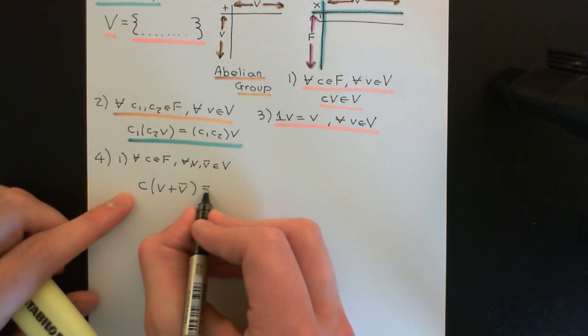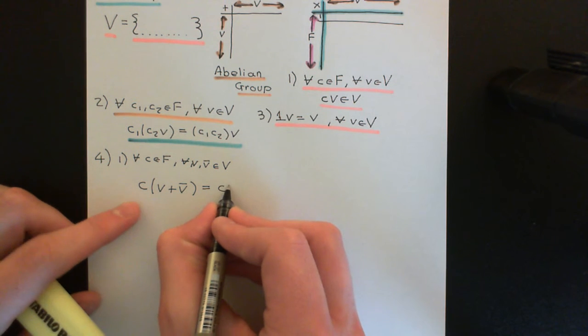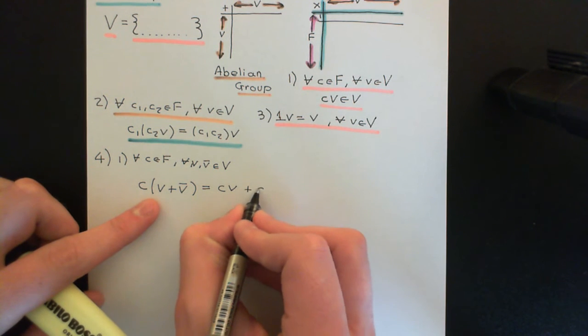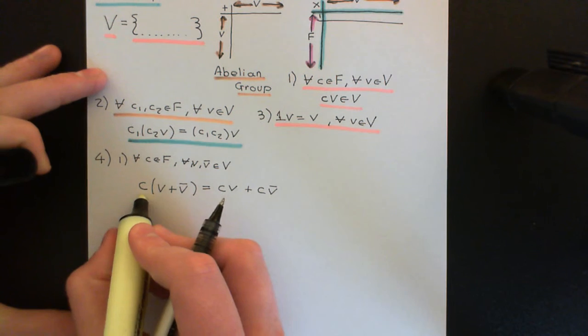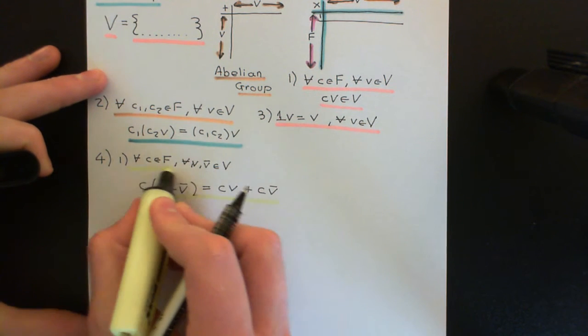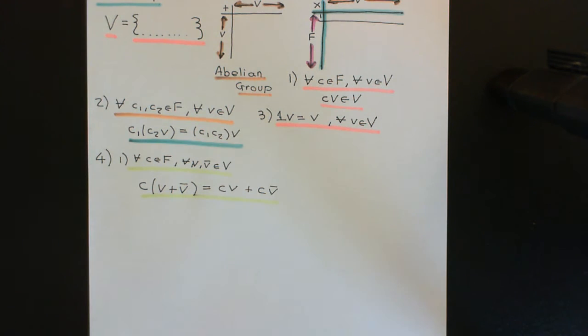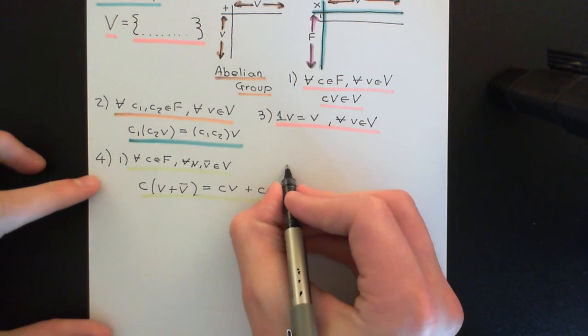This must be the same as if you firstly scalar multiply each of the vectors by c and then add them together in the addition law. So scalar multiplication must distribute over addition in the vector space. So that's part 1 of distributivity.